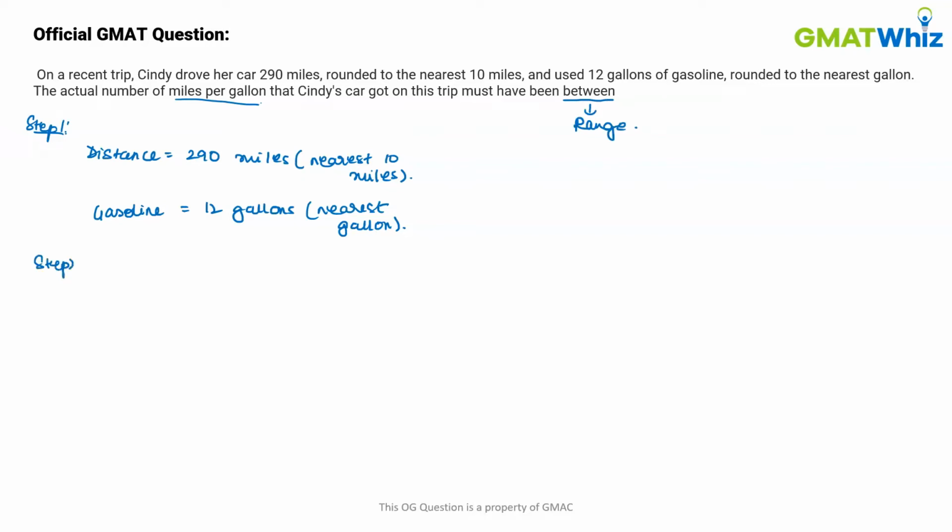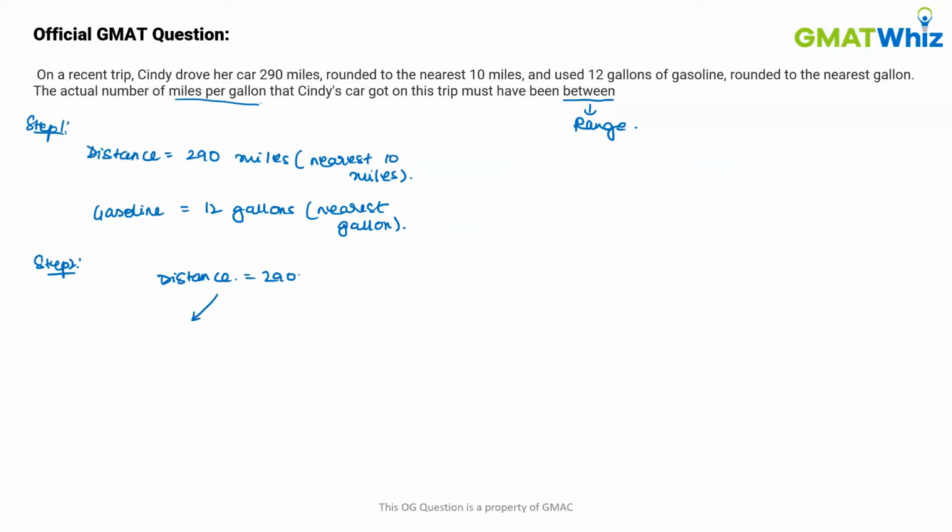Let's understand what we have to do in this question in step 2. First of all, let us find the range. So the distance that we are given is 290, right? And this is rounded off to the nearest 10 miles.